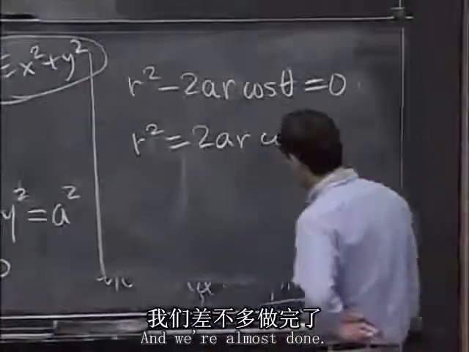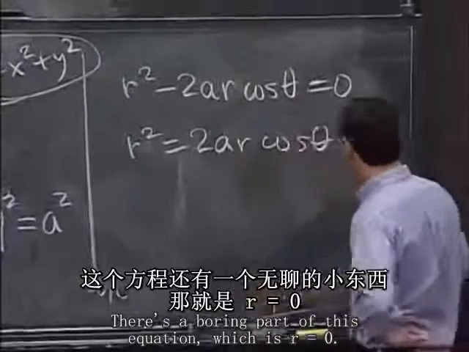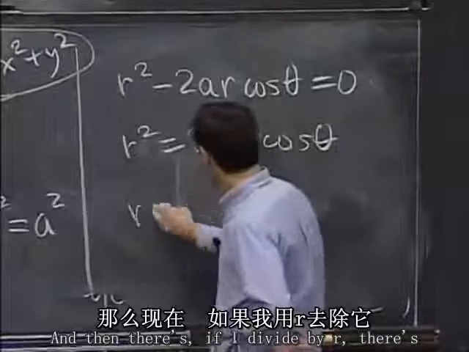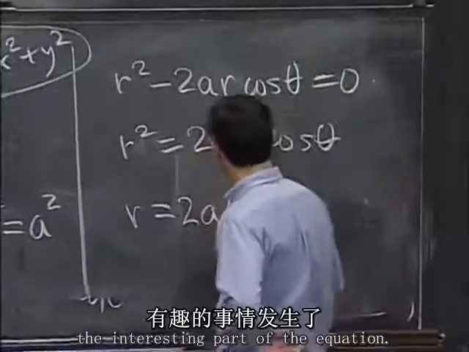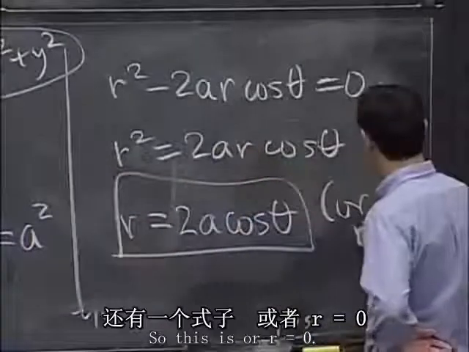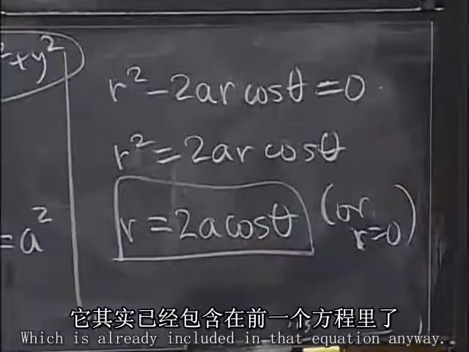And we're almost done. There's a boring part of this equation, which is r equals 0. And then there's, if I divide by r, the interesting part of the equation, which is this. So this is, or r equals 0, which is already included in that equation anyway.